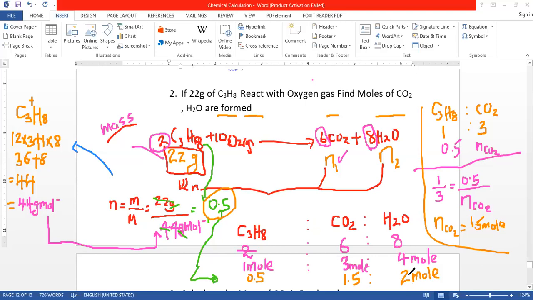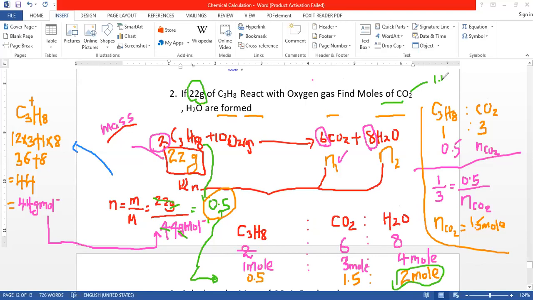Likewise, if you do this for water instead of carbon dioxide, then you will get the answer. What answer will you get? Exactly 2 mole, right? So the question asked is to find the moles of carbon dioxide and water. For carbon dioxide, if you use 22 gram, the answer is what?